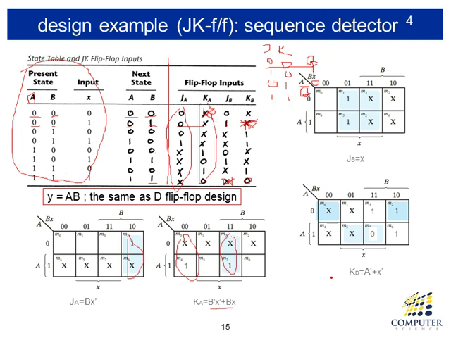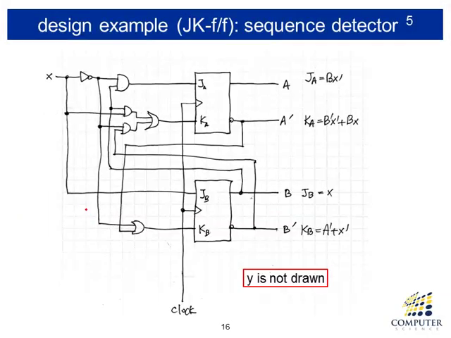For JB and KB, we do similarly. Here, for convenience, we didn't put output Y. Output Y does not depend upon the flip-flop type, so exactly the same equation we can use from the D flip-flop. Once we have flip-flop input equations, then we can draw the logic diagram. So this equation means input J on flip-flop A is A B and the X naught.